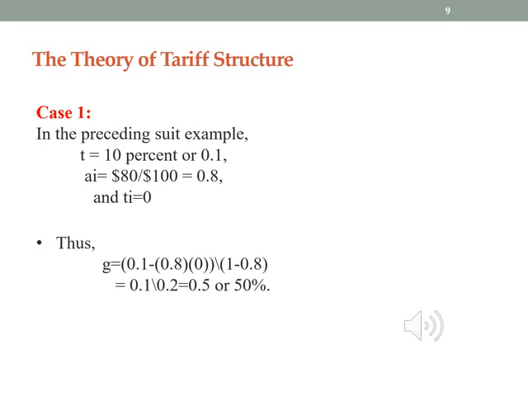So AI would be equal to 0.8. And finally, we have TI, which is the nominal tariff rate on the imported materials or the imported input wool, which was equal to 0. Hence, G would be equal to 50%, as we have seen in our example.